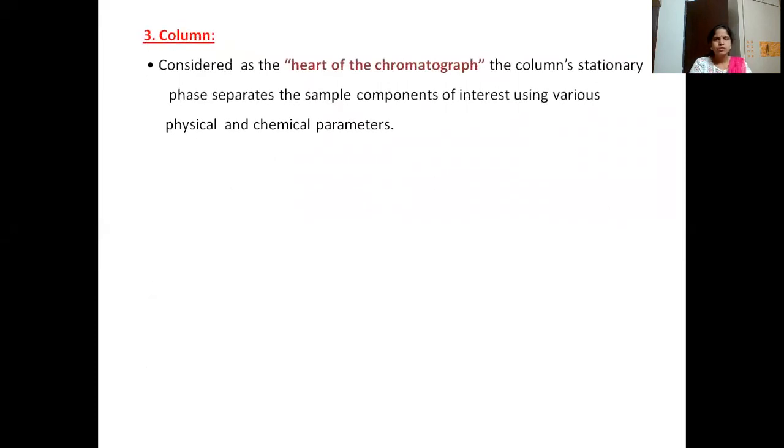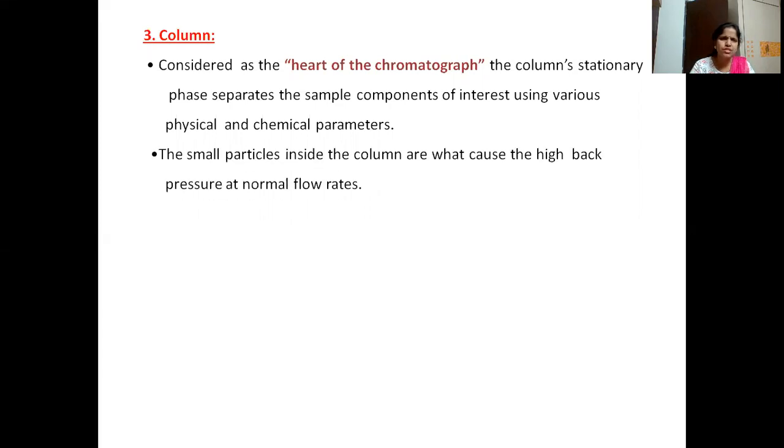Then the column. The column is very important and is considered the heart of the chromatograph, because that is where the components get separated. Because the particle size is very small and we are applying pressure, the mobile phase as well as the sample is allowed to fall into the column by some pressure.